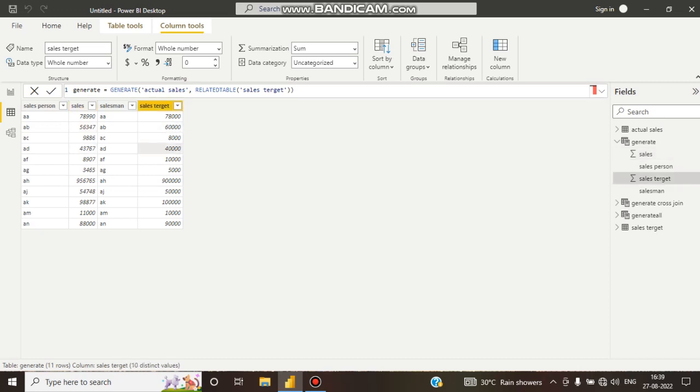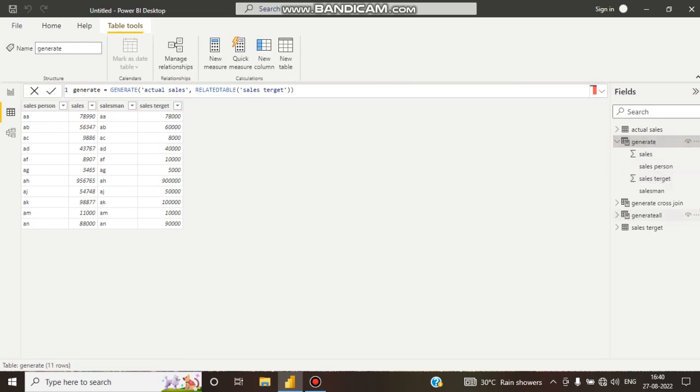Via the GENERATEALL function, we can also do a left join. Let's see how. Here you can see it is slightly changed. We have used the GENERATEALL function, then the first table, which is the left table, and this is the right table. Here I have also used the RELATEDTABLE function.